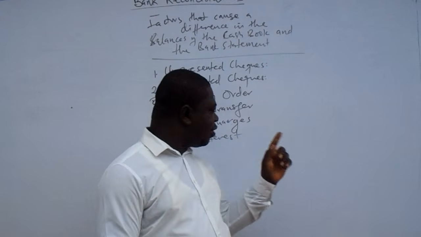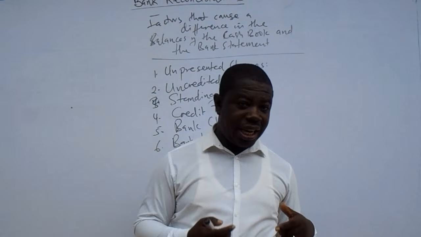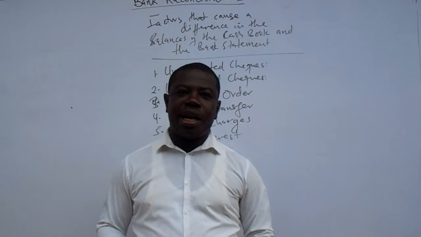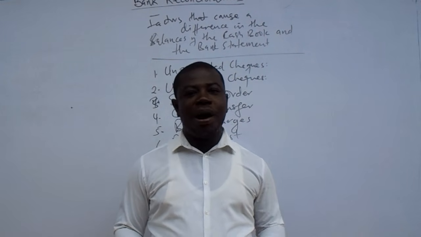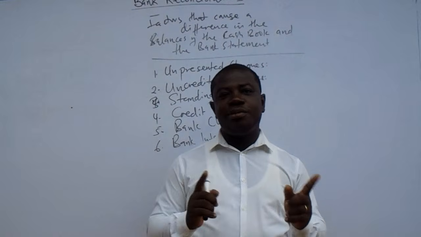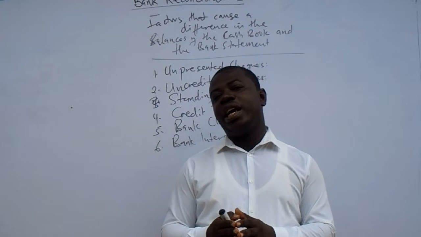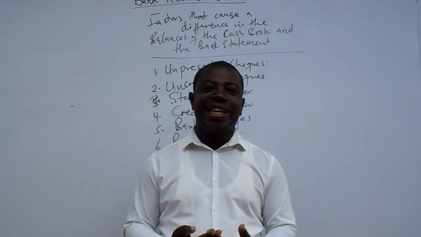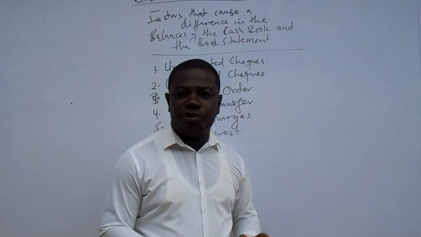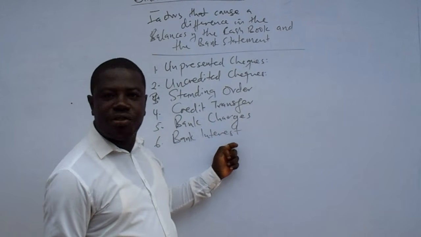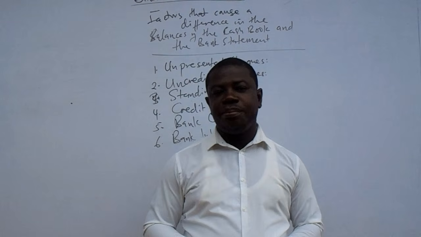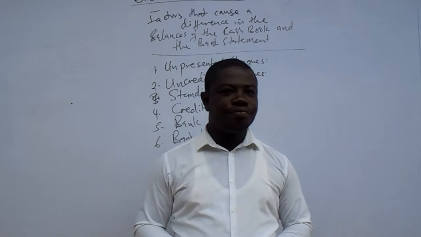At the same time, interest can be a debit. They can charge you interest on overdraft, and that will be a debit on the bank statement. And so bank interest can be a debit item or a credit item. And so let us be careful. Let us look at whether the interest was for us or was against us before we know how to treat it. But definitely, the point I'm trying to make for now is that bank interest can cause a difference between the cash book balance and the bank statement balance.